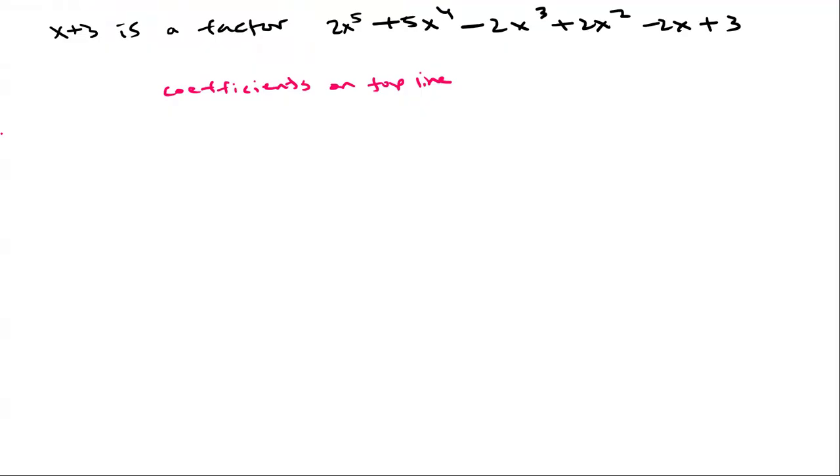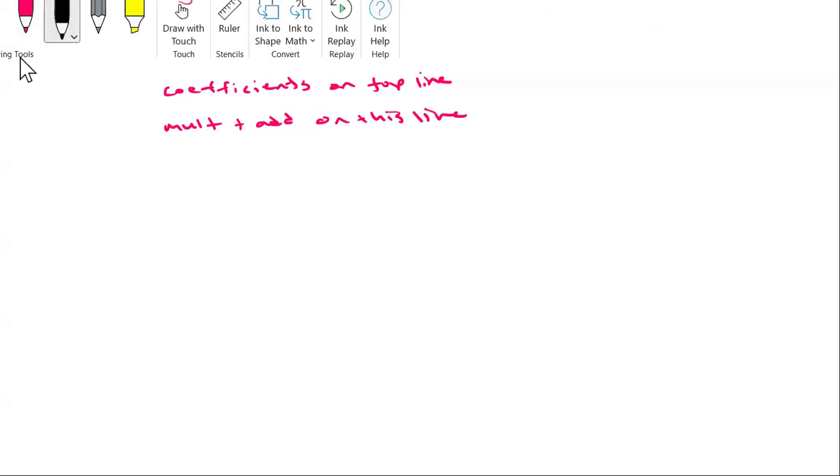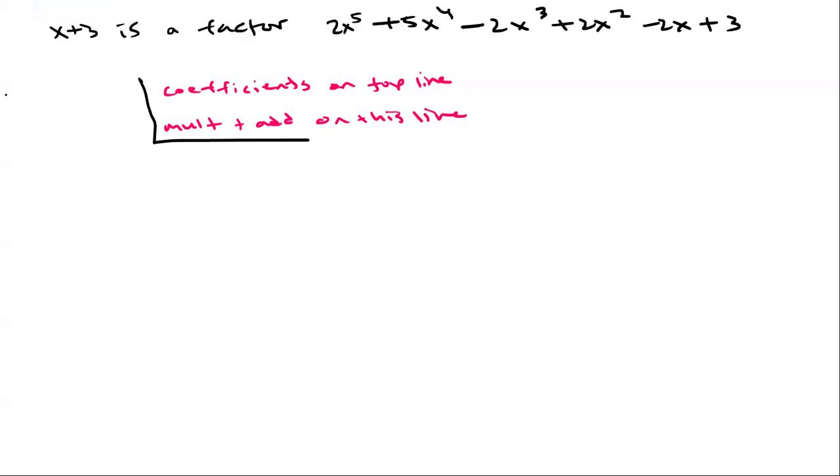Then I need to multiply and add on this line. And then I'll have this, it looks like part of a rectangle. And then I'll have my root over here on this side.